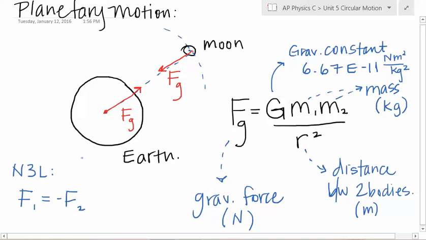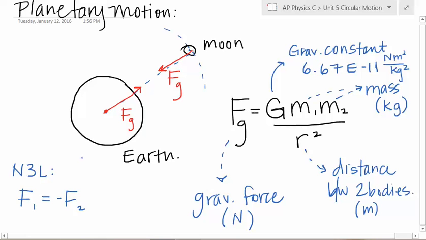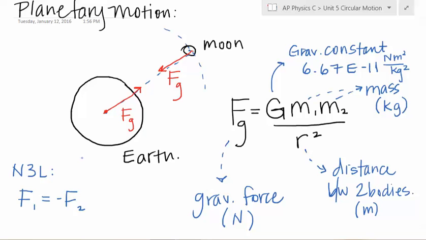So the Earth pulls on the moon and the moon pulls on the Earth. Now, we don't notice this pulling so much, except when we see a tide. The tides are controlled by the motion of the moon around the Earth, and how the ocean bulges depends on the position of the moon.